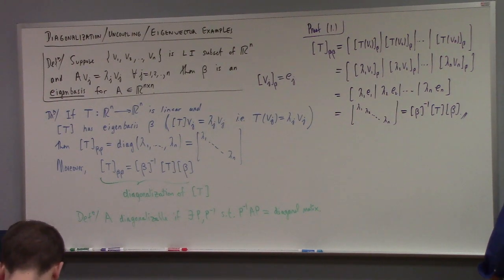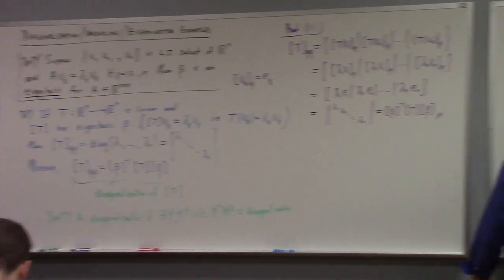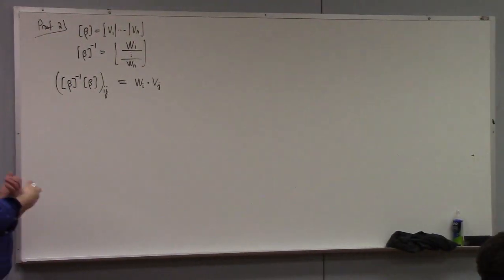That is exactly Wi dotted with Vj, right? This is our definition of matrix multiplication. Do you guys remember? We take the ith row of the left factor dot product with the jth column of the right factor. That's how we calculate the ijth component of the matrix multiplication.